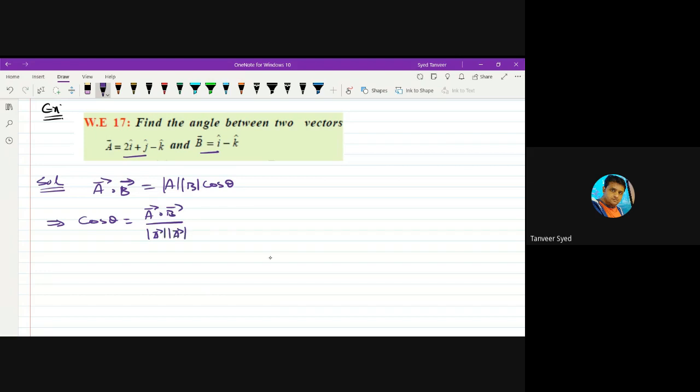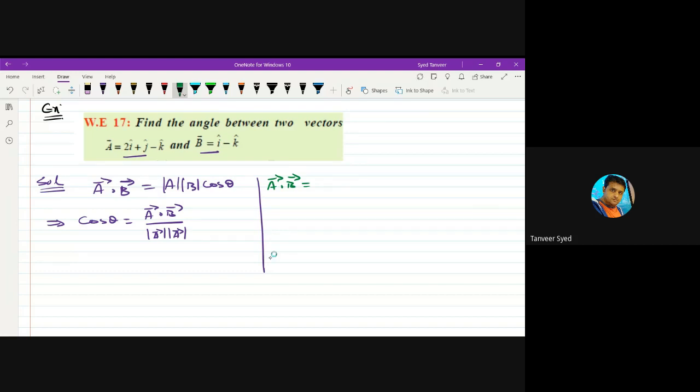Now, how much is A dot B? First of all, I will calculate A dot B here. A dot B is AX BX plus AY BY plus AZ BZ, just as how we did the previous example.